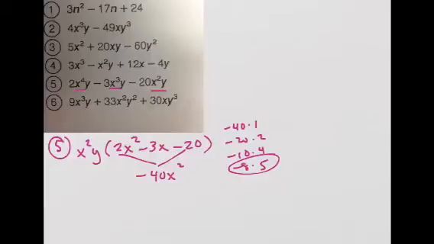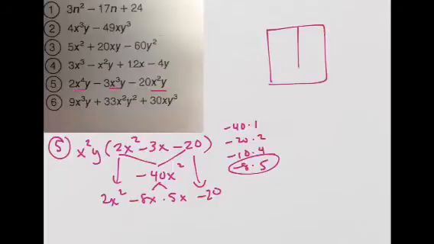So I'm going to use that to break up negative 3x into negative 8x and 5x, and remember you bring down the 2x squared and the negative 20. I'll just work up here. I've got a little bit more room, so I'm going to put 2x squared minus 8x, 5x.